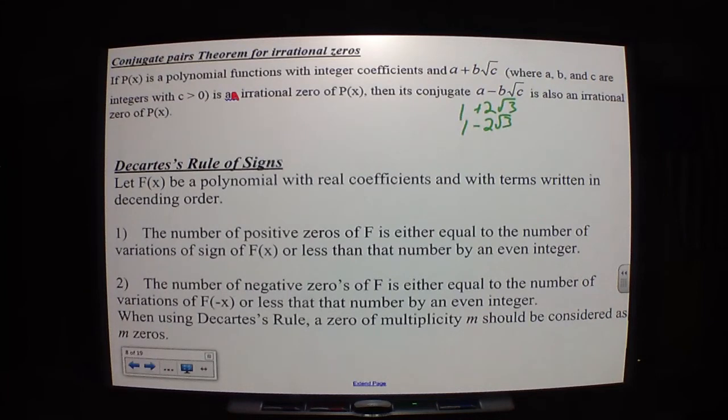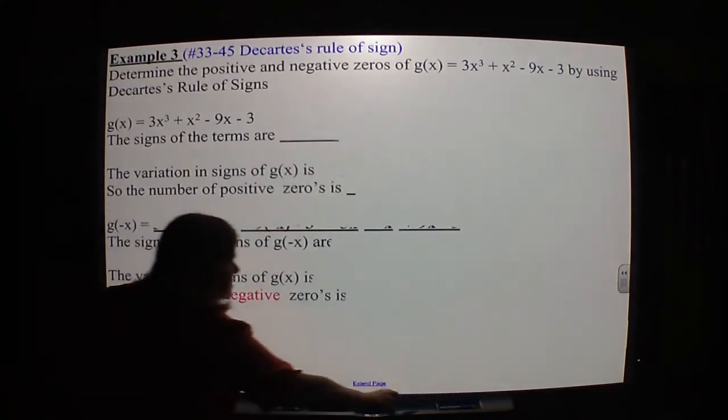The number of negative zeros is, I find f of negative x, and I find the variation in sign of that, and that also is the number or that less by an even integer. Okay? And multiplicity m should be considered as m zeros. So if 1 has a multiplicity 2, then that will be 2 different zeros.